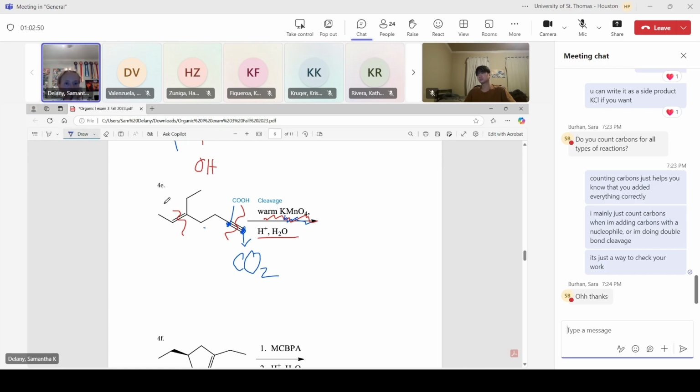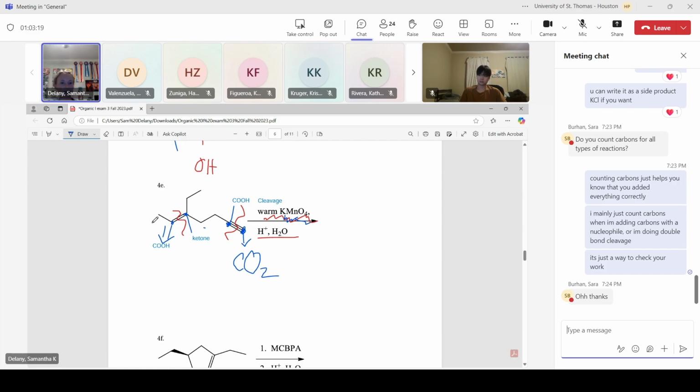Now let's look at the alkene. Okay, we have a disubstituted alkene, so that means we're going to end up with a ketone. And on the other side, we only have a monosubstituted alkene. So again, we're going to go all the way to a carboxylic acid, COOH.